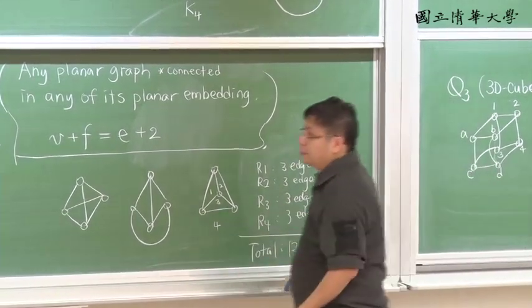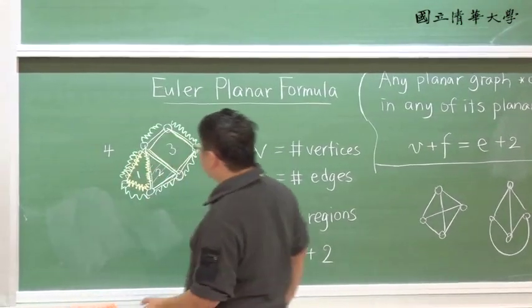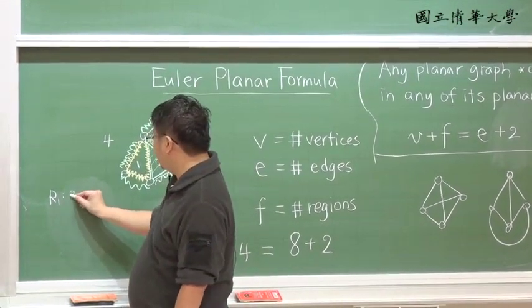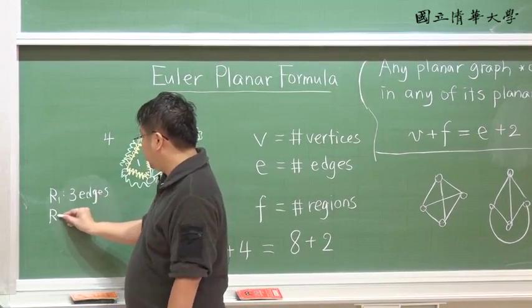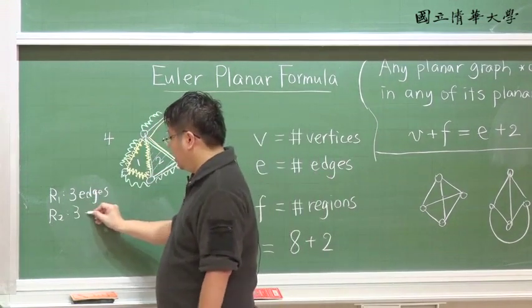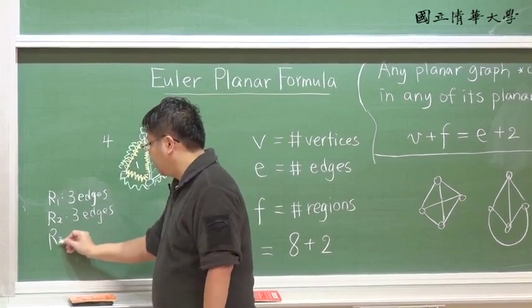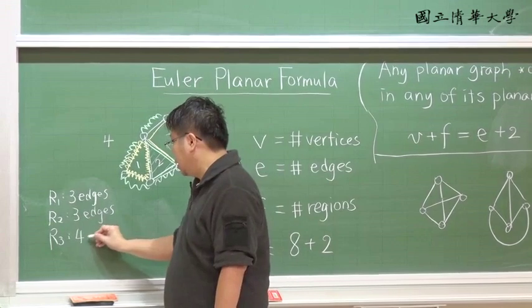Now let us take a look at another case here. For region 1, it needs 3 edges. Region 2, it has 3. Region 3, how many edges? 1, 2, 3, 4 edges.